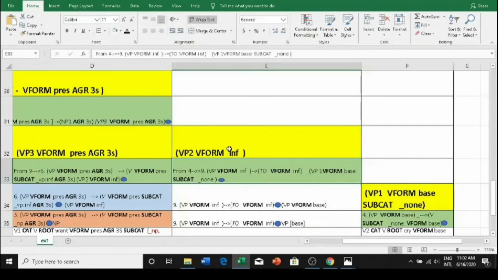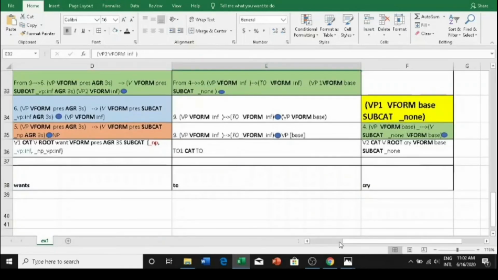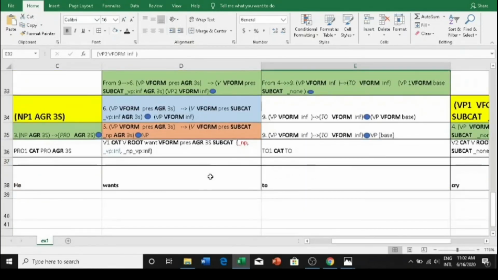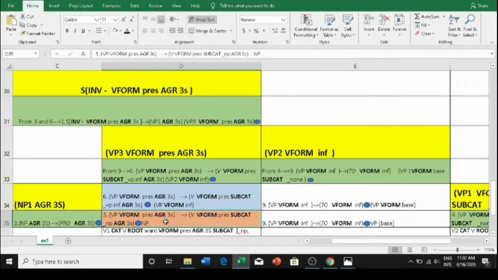So the left hand side part of rule number 9 is obtained as a new constituent, and that new constituent is a verb phrase, and we will name it as vp2 with a vform value as infinitive. Okay, now we will see whether the thing that we got from here can help us in proceeding with rule number 5, which we left halfway, right?